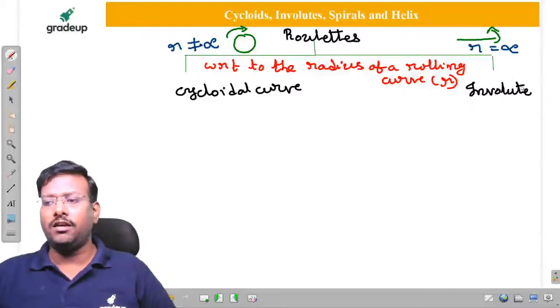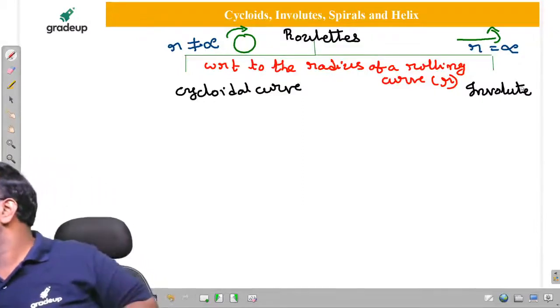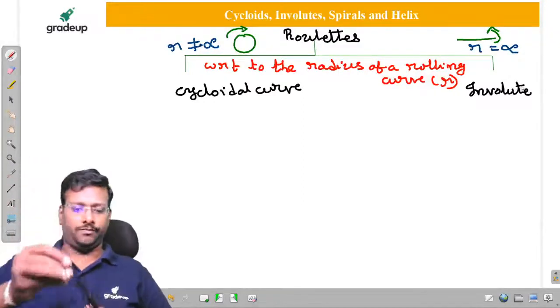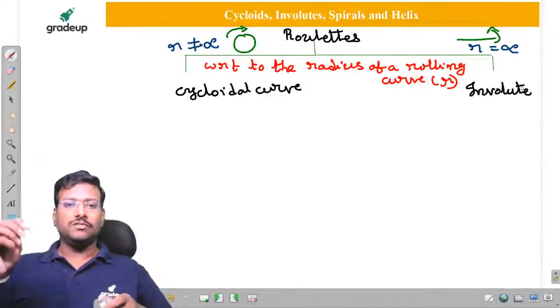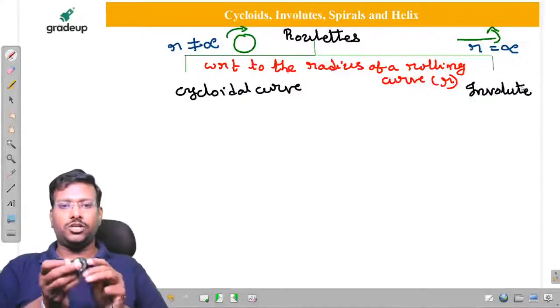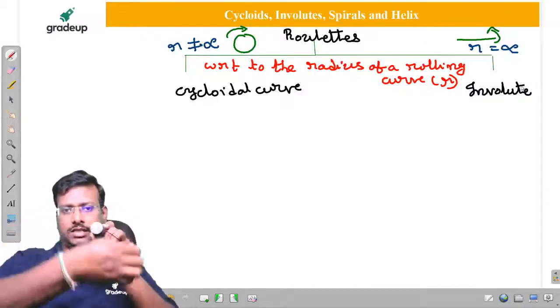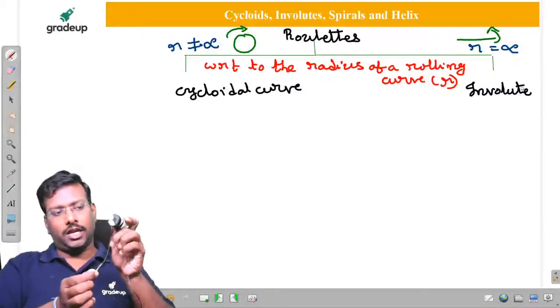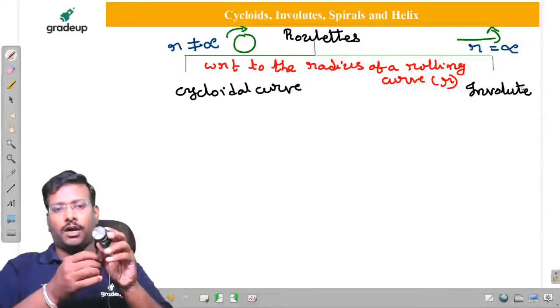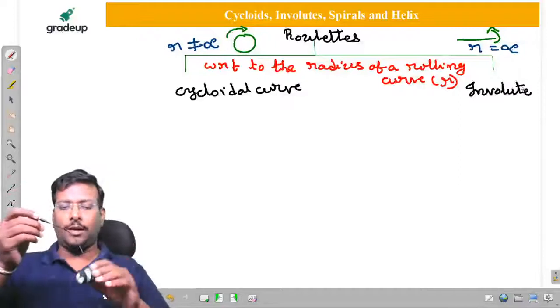Normally, whenever it is an involute, in institutions or colleges, we consider it like this. A string is wound around the circular object. Now if you unwind this, then the path traced out by the free end of the line is considered as the involute. Am I right or not?